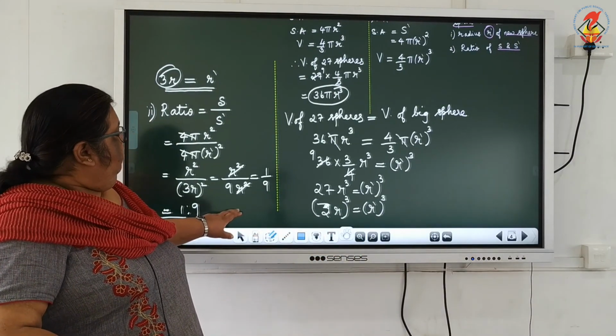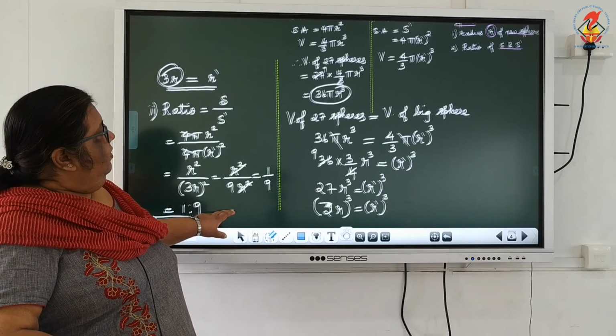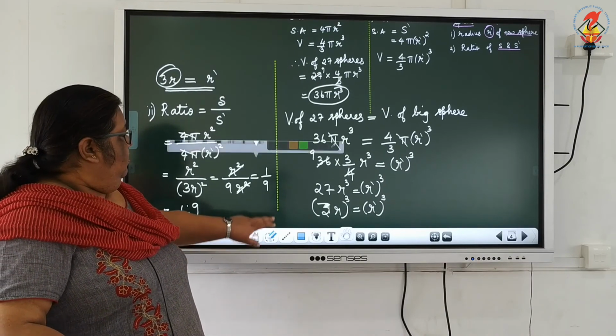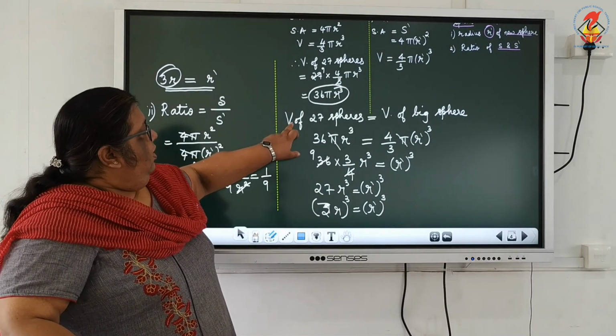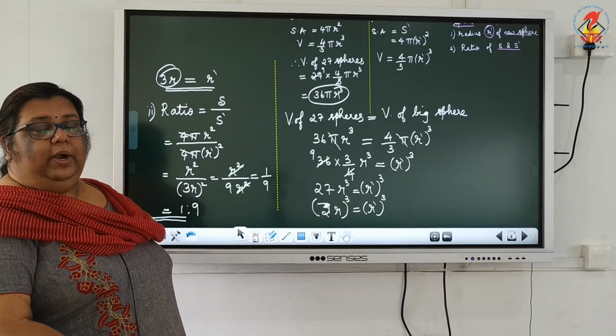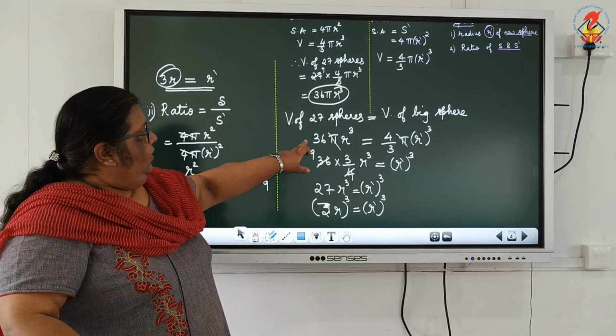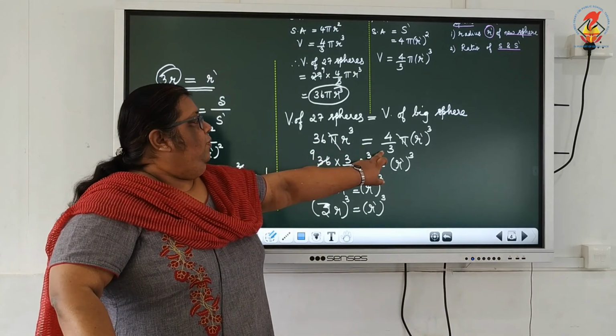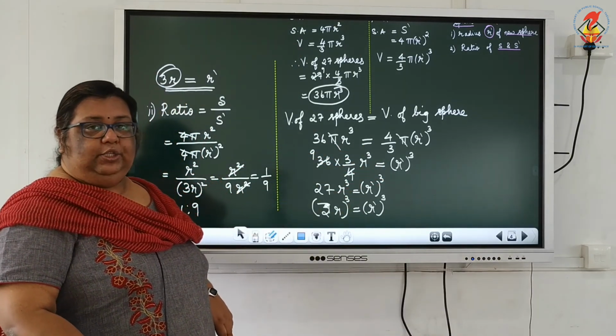So what all things did we do now, children? We found out the volume of 27 spheres is equal to volume of one big sphere. We substituted 36 pi r cube is equal to 4 by 3 pi r dash cube.